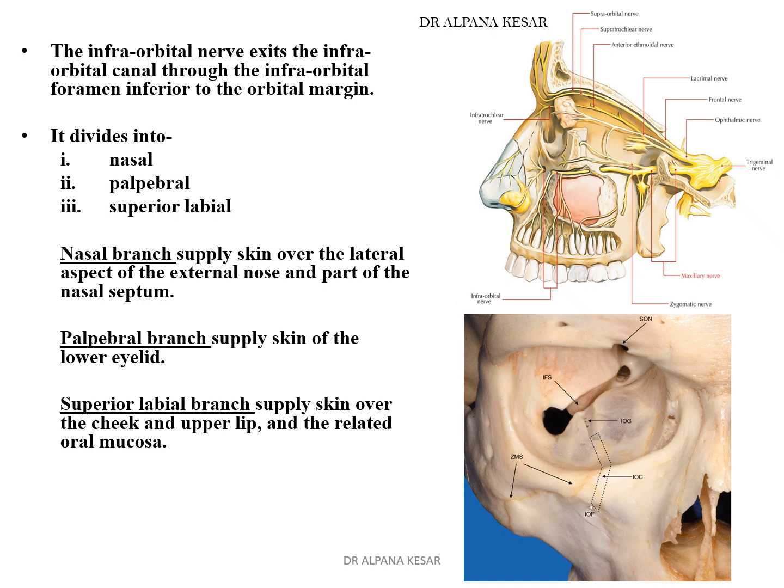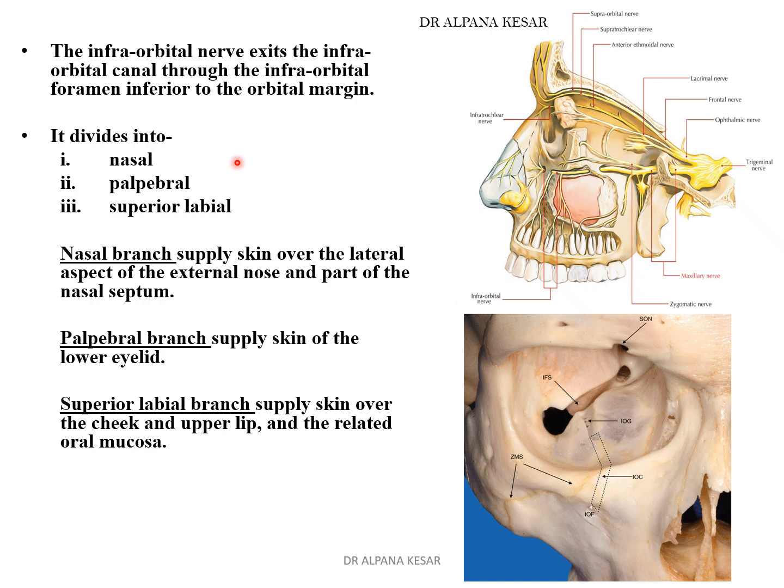The infraorbital nerve exits the infraorbital canal by passing through infraorbital foramen. Infraorbital foramen is present just below the infraorbital margin. The infraorbital nerve, after passing through infraorbital foramen, divides into its three terminal branches.